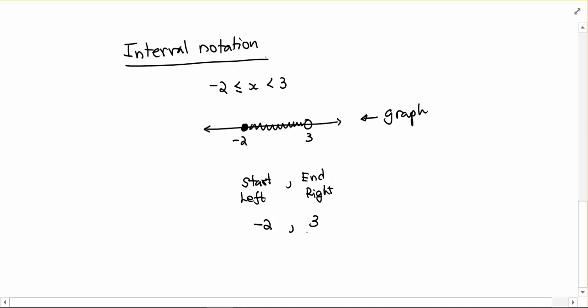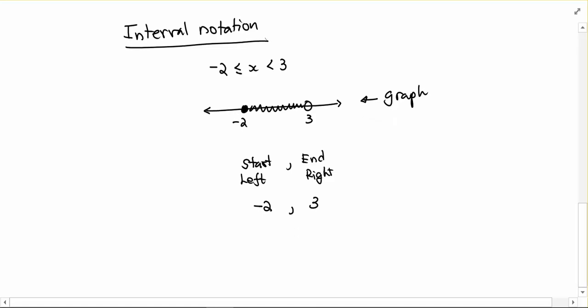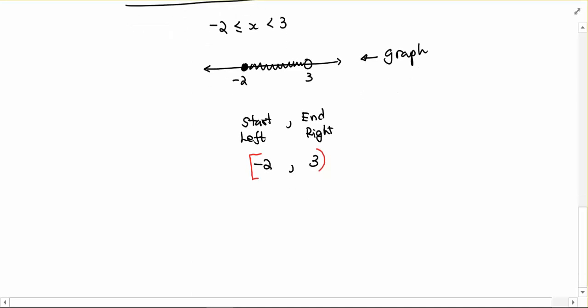Now, how do we tell which one was included and which one was excluded? That's important. We tell that by using brackets and parentheses. So a bracket indicates included and a parenthesis indicates excluded. So this indicates -2 included.